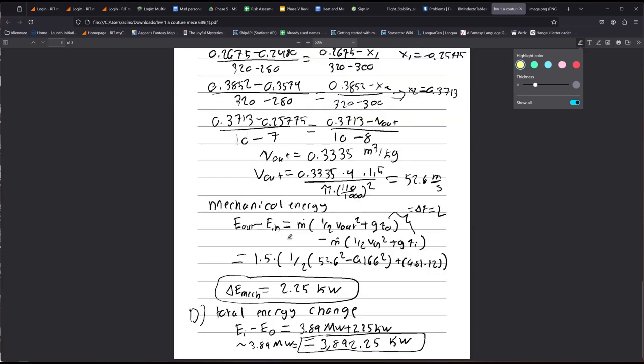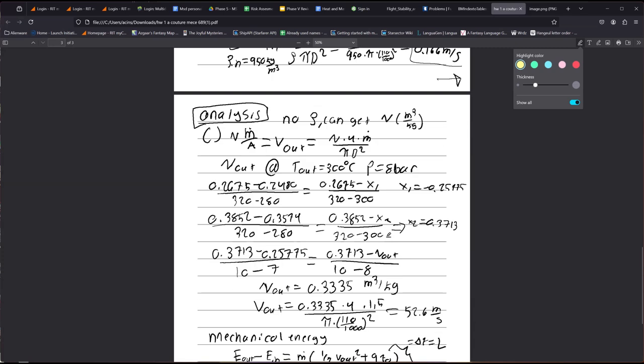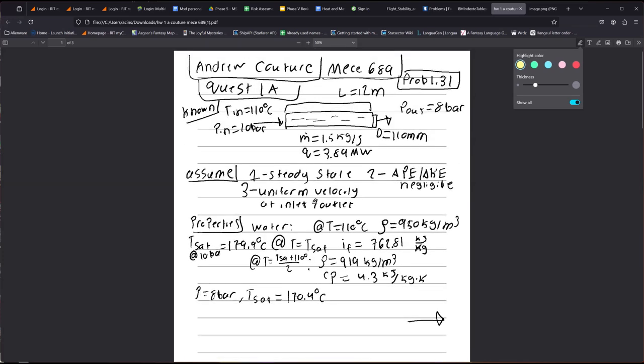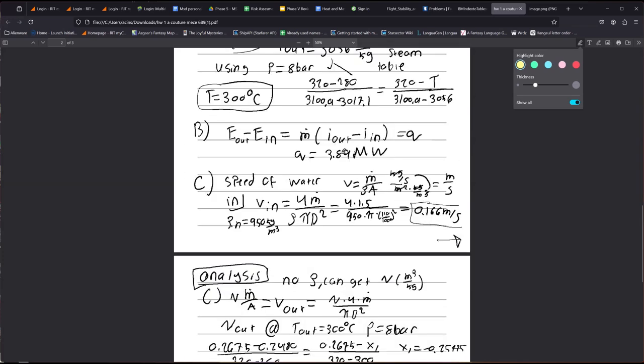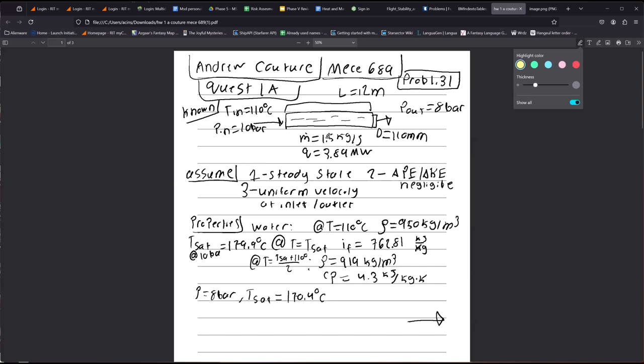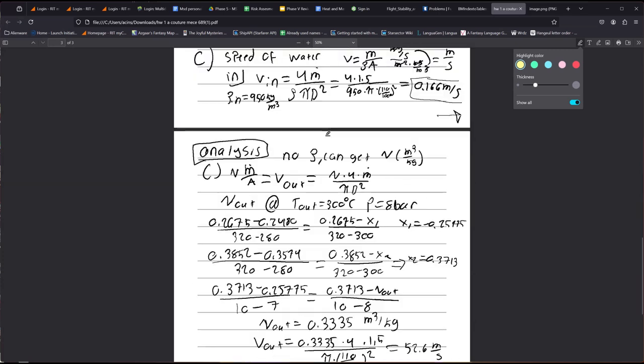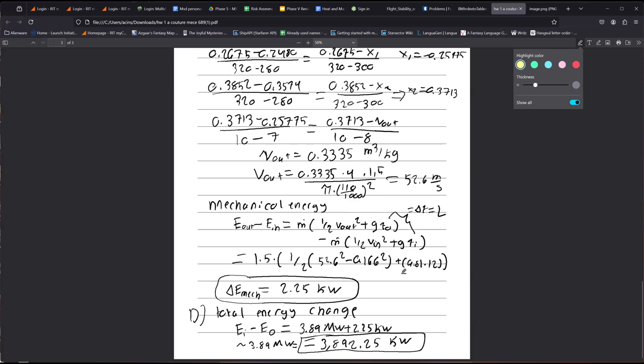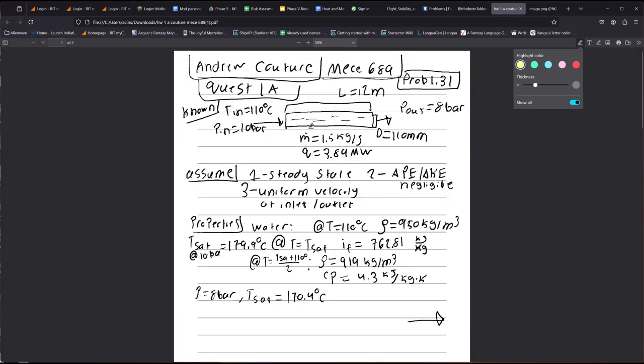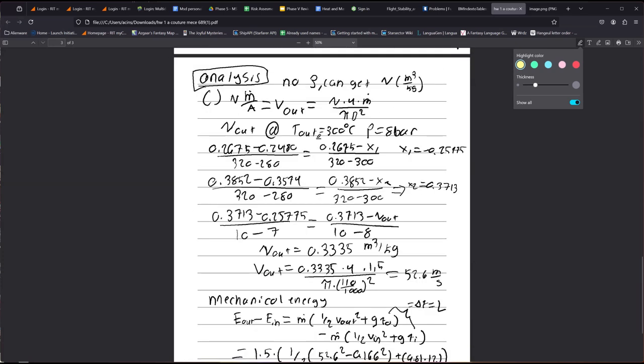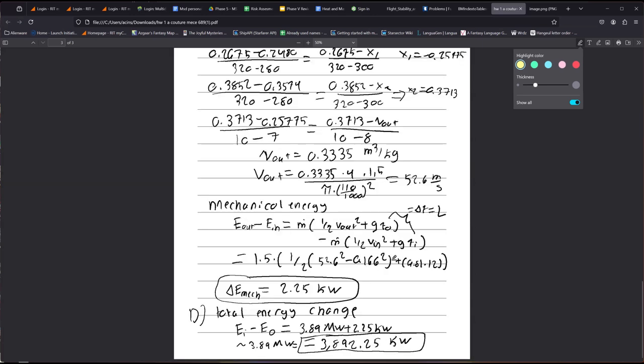Now, to get the mechanical energy, you basically just bring back the terms that we lopped off beforehand. Gravity stays the same, and the change in height between the inlet and outlet can be assumed to be the length of the tube. I labeled it going horizontal, but in this case we're going to assume it's vertical. I just labeled it horizontal to save space.